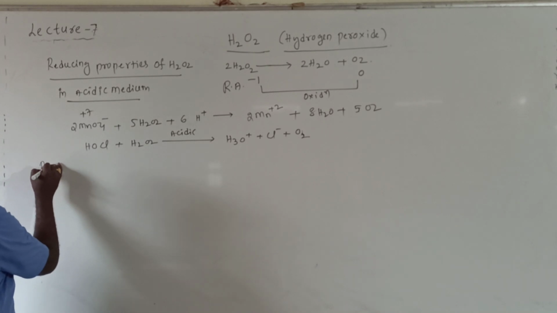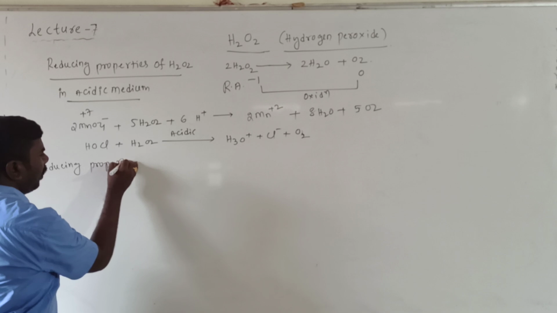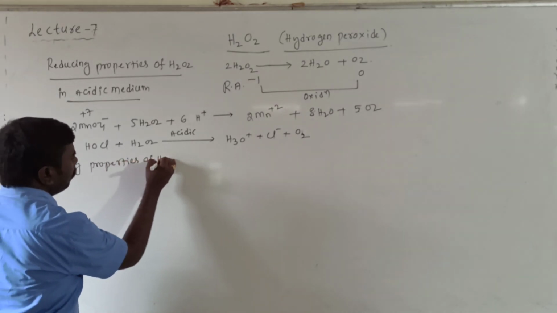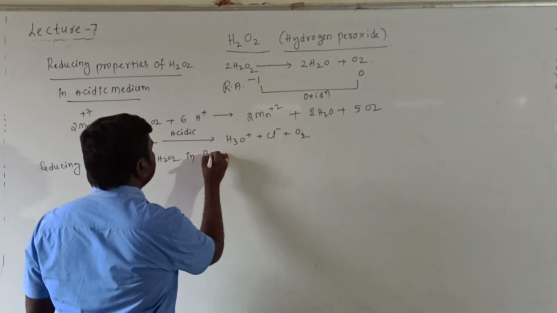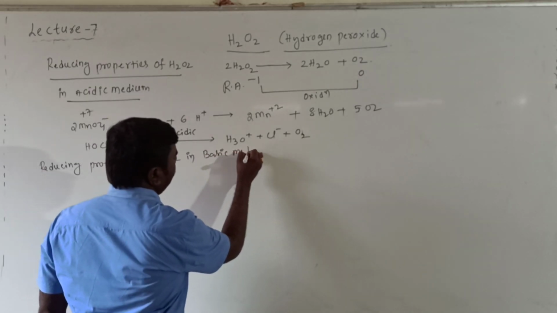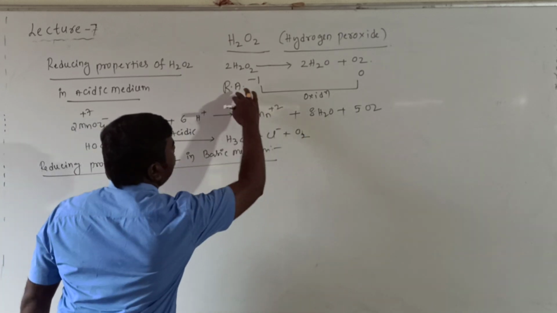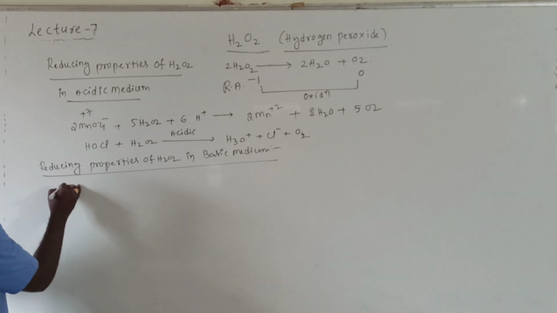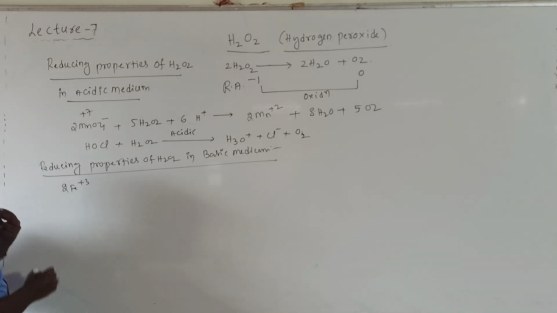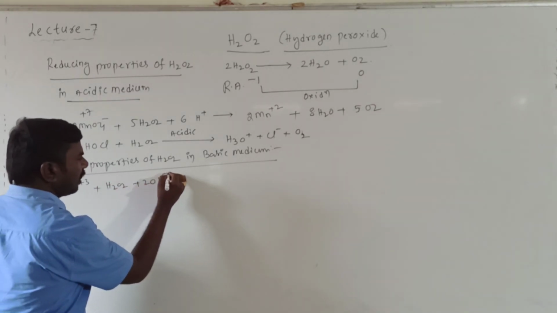Next, reducing properties of H2O2 in which medium? That is basic medium. How? The same equation, even in the basic medium. First one is 2Fe plus 3 plus H2O2 plus 2OH minus.